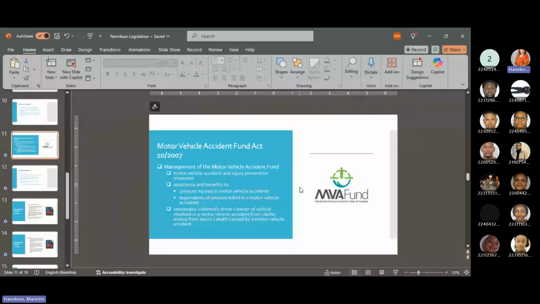So in this regard, the MVA fund is also involved in road safety. Most of these billboards that you will see, these advertisements, originate from the Motor Vehicle Accident Fund. So one of their prime tasks is to try to prevent accidents. But of course, all accidents cannot be prevented.